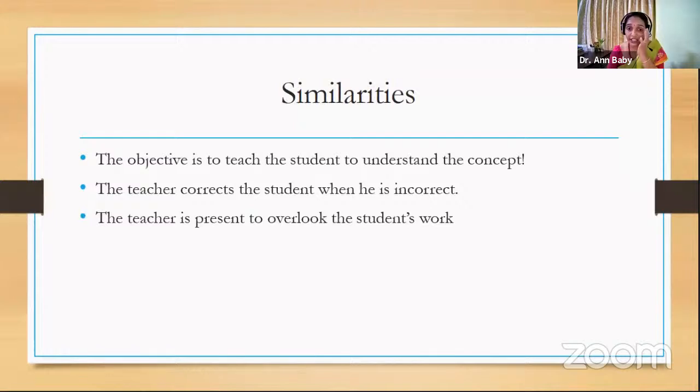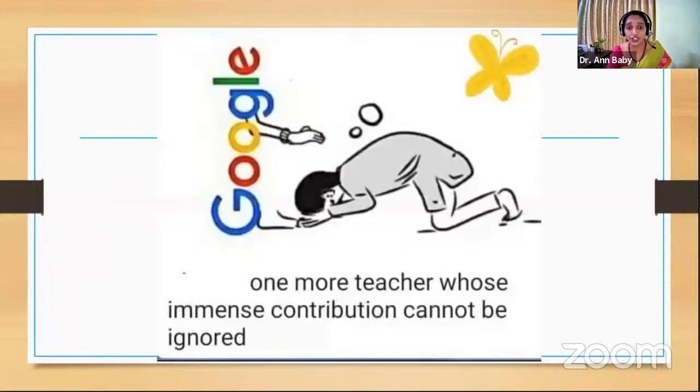The teacher will look at the student's work, assess him, give exams and feedback. So even though there are differences, the end result is the same. The student should be understanding the concept with the guidance of the teacher.